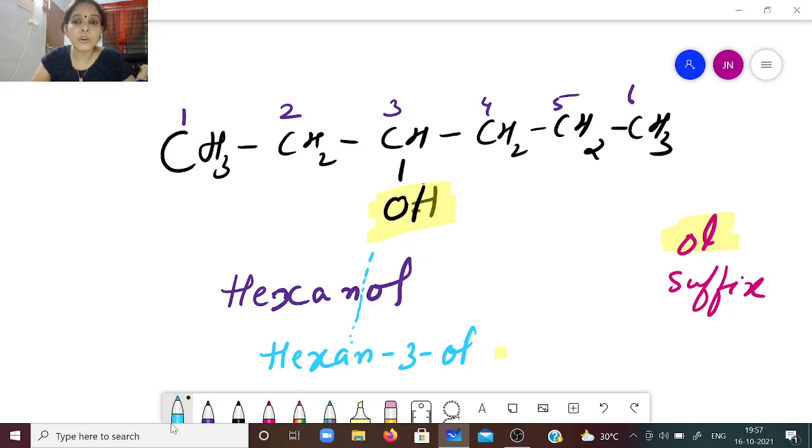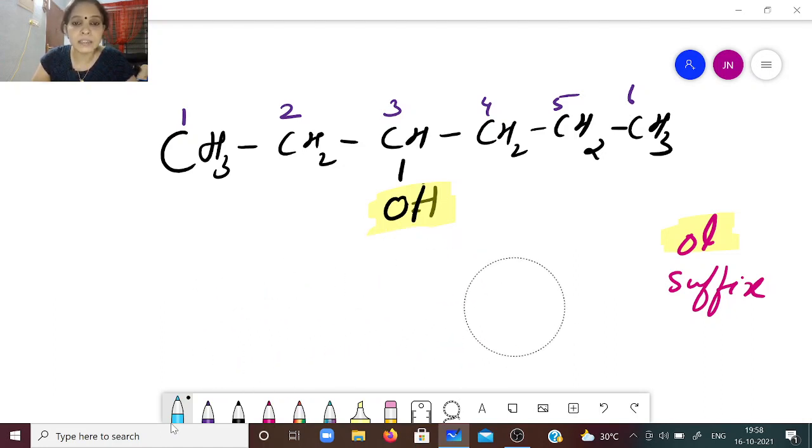Clear? So you should know all this first. In the beginning, you are studying the functional group for the first time. This is the way you are supposed to count and name when a functional group is present on some carbon apart from the first carbon, that is, the end carbon. In between, some functional group comes.